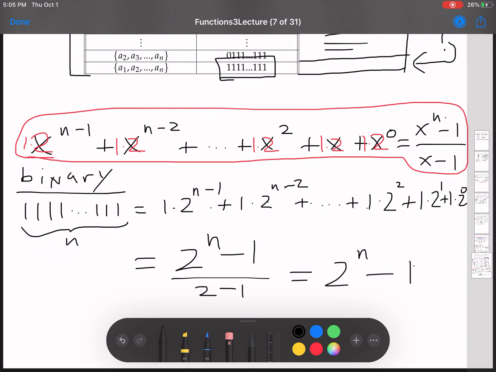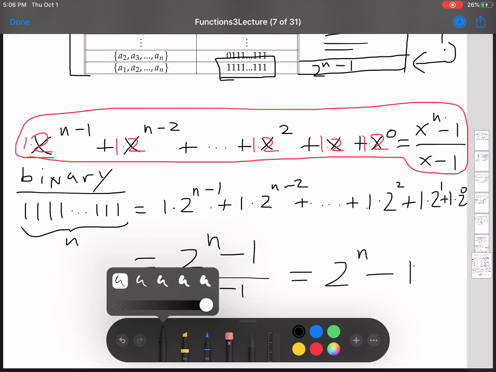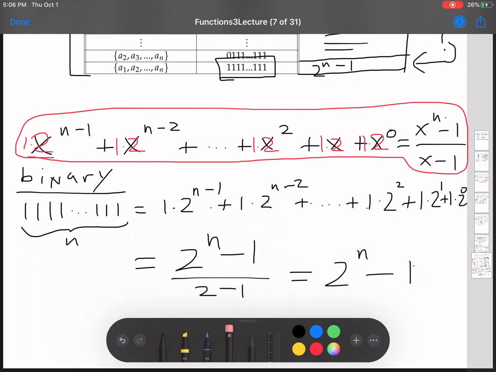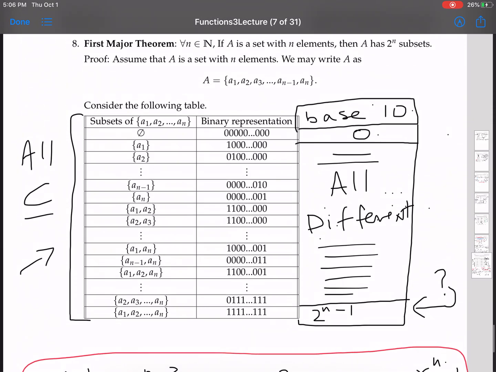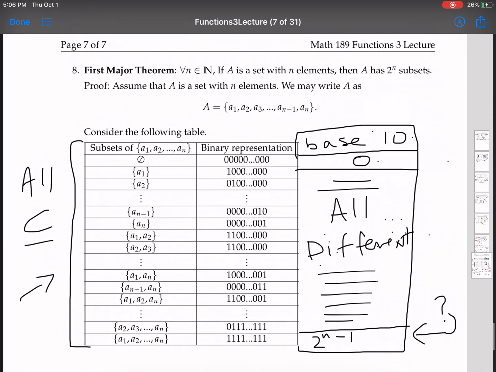And so now we figured out that this is 2 to the n minus 1 right there, written in base 10.